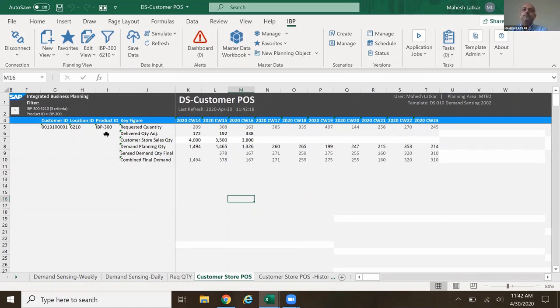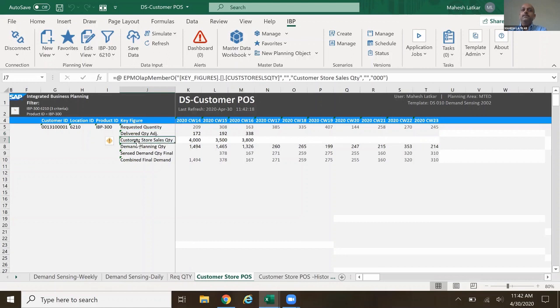If you look at this planning view, this is showing product, location and customer planning level. This is in weekly buckets, though data is stored in daily buckets. Requested quantity is one of the main inputs for demand sensing. Also, you have a delivered quantity, shipment quantity for the past buckets.